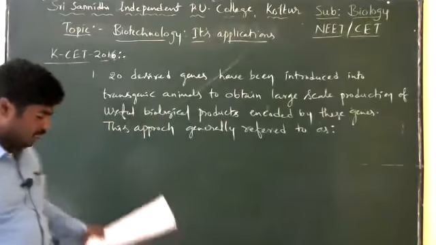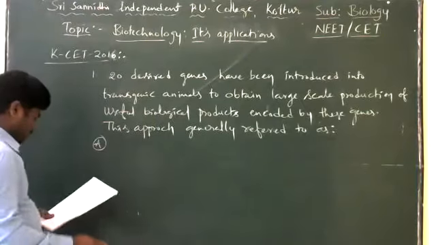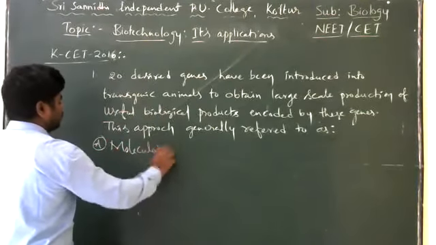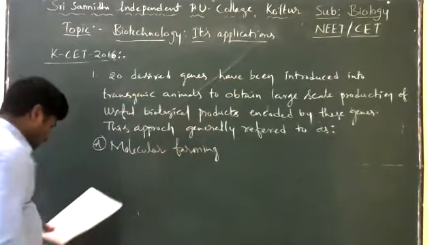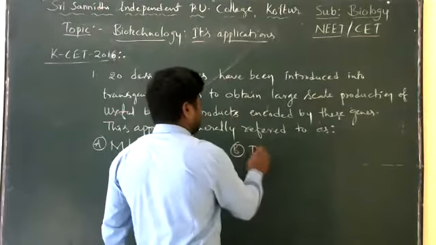So the given question, you can see the options. Option A, molecular farming. Next, B, downstream processing.